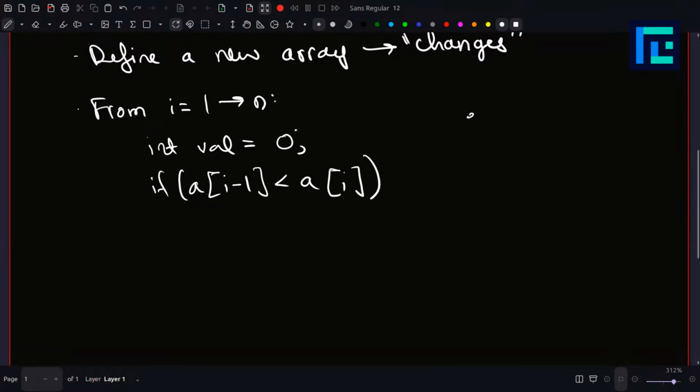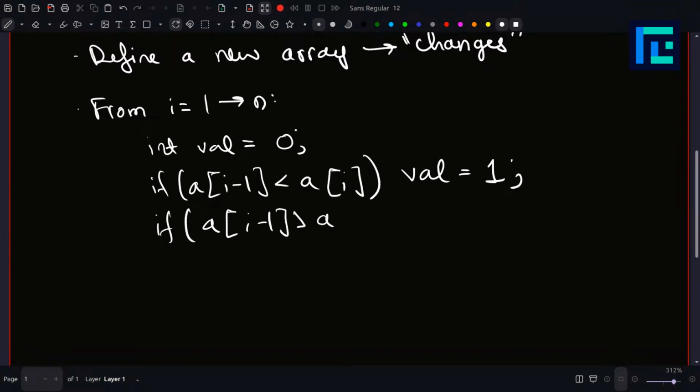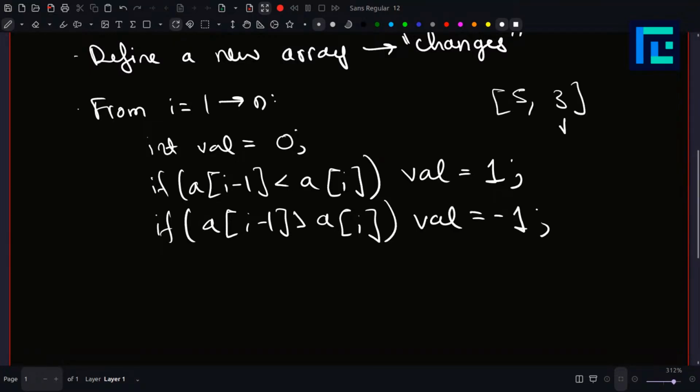So if you went from i minus 1, which is let's say 3, to i, which is 5, they're strictly increasing, so we will represent this as a +1, because it has increased. And otherwise, if it's strictly decreasing like this, then we'll represent it as a -1. For example, if you had a 5 followed by a 3, then these two will give you a -1. All right. So that's what we're going to do.